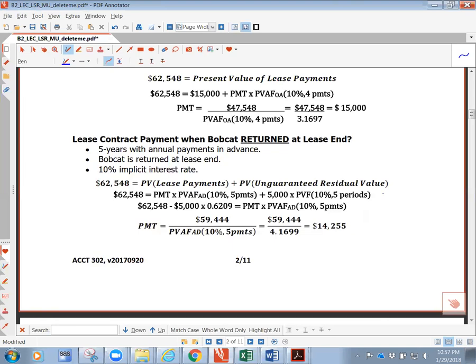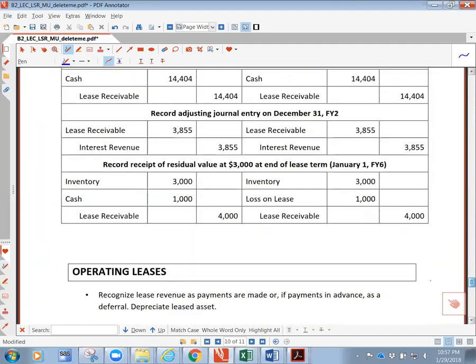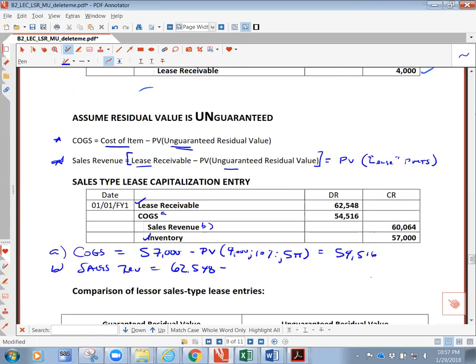So let's grab the factor and see if we can get this answer. Present value, 10%, 5 periods. It's right here, 0.6209. So I had a different fair value up there, my bad. But we can use the factor.